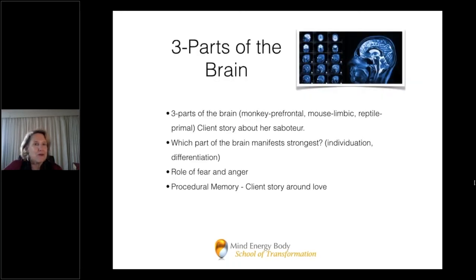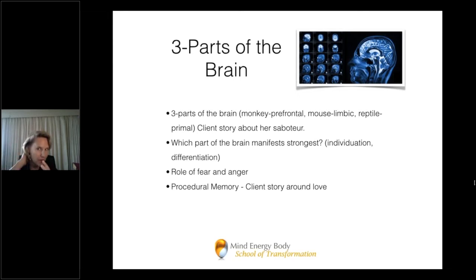So let's learn more about that brain, that caveman brain. There are 3 parts of the brain. The prefrontal cortex, which Rick Hansen calls the monkey part of the brain. It's the higher brain. It's the executive functions of the brain. It's the thinking brain. And then there's the limbic, the midbrain, the mouse brain.